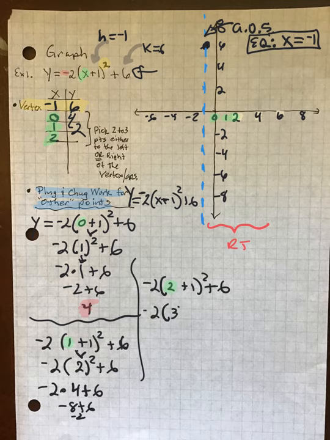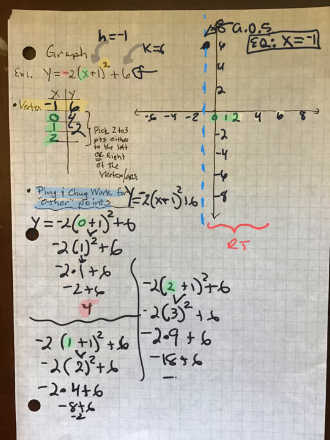Do what's inside the parentheses first. Then exponents, 3 squared is 3 times 3, which is 9. Be careful. Watch your signs.